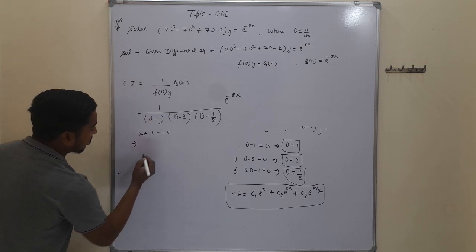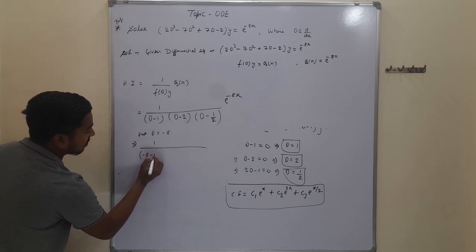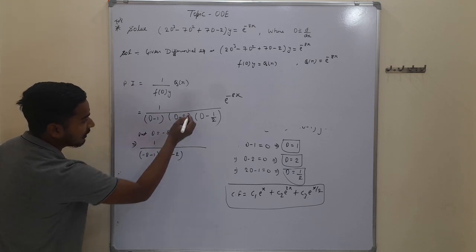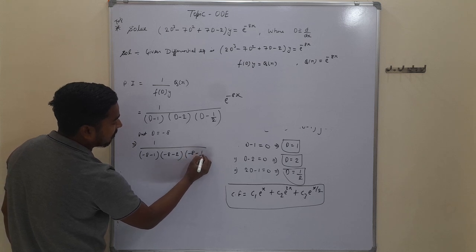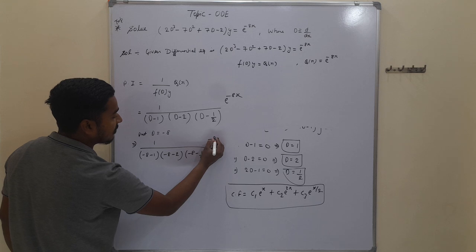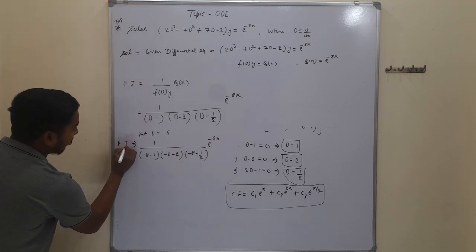Putting here we get 1 upon (minus 8 minus 1) into (minus 8 minus 2), and here (minus 8 minus 1 by 2), and e to the power of minus 8x. Similarly we solve, we get the particular integral.